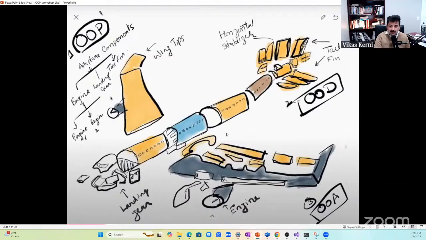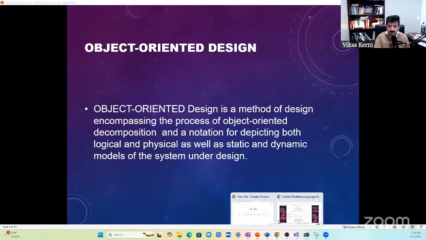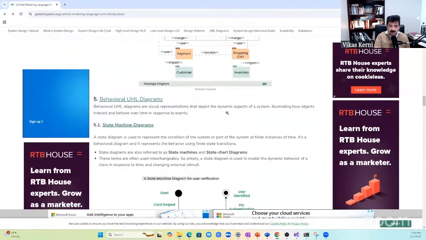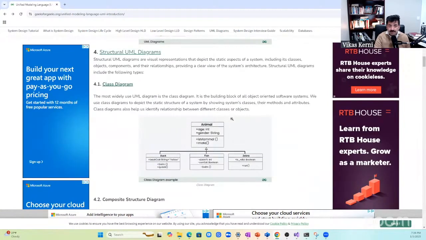And when it talks about static and dynamic models, logical and physical, it is talking about the UML diagrams. In the UML, this is kind of a building diagram.